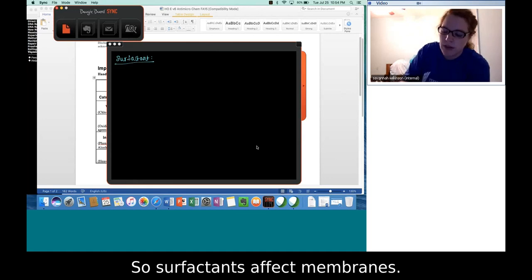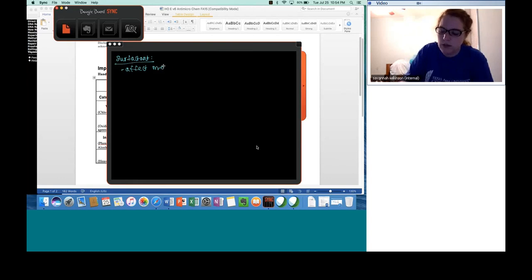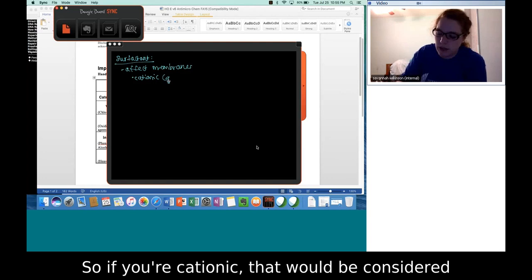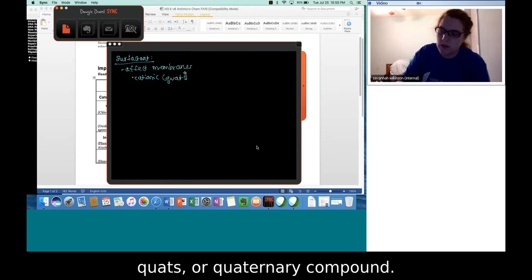So surfactants affect membranes. So there's the cationic or ionic compounds here. For cationic, those would be considered quats or quaternary compounds.